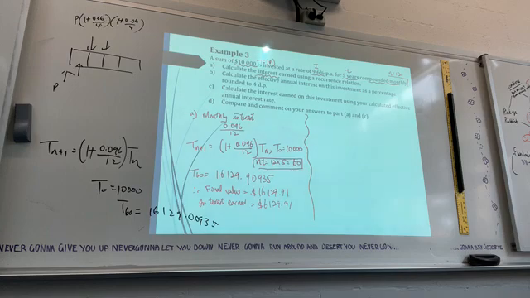So now you need to work out what is the effective interest rate. Alright? So we know that I effective equals 1 plus I over n to the power of n, take away 1, which is 1 plus 0.096 divided by 12, to the power of 12, minus 1, which is 0.10033869.